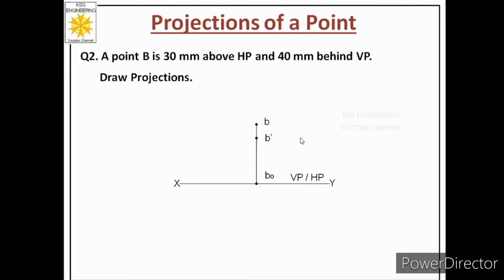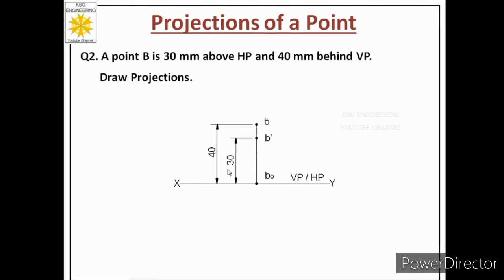So after this we have to place dimensions. From this point we will leave a 1 millimeter gap, draw an extension line, then place the dimension line. After that we will draw another extension line from this point and draw a dimension line. And you should note one important point over here regarding the rules of dimensioning: the gap between the first dimension line and the projector is 10 millimeters, minimum 10 millimeters.